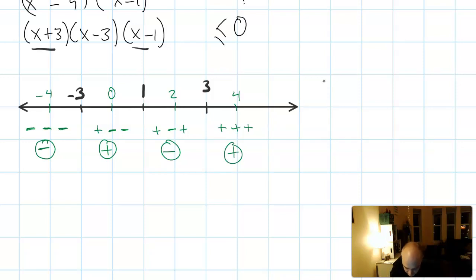Now let's remember the inequality we're trying to solve. We need to solve when those factors, multiplied all 3 of them together, create a final thing that's less than or equal to 0 and shade that in. So that will be anywhere that I had a minus on the number line. So that would be the left branch all the way up to negative 3, including because it was less than or equal to, and then also from 1 all the way up to 3.